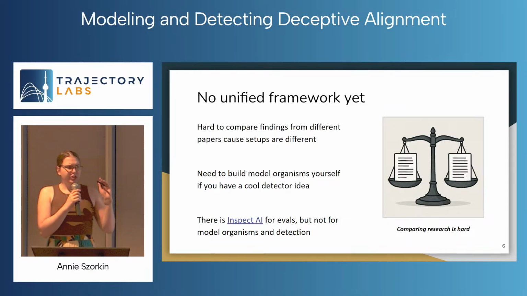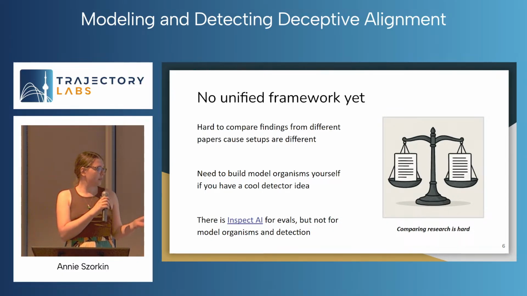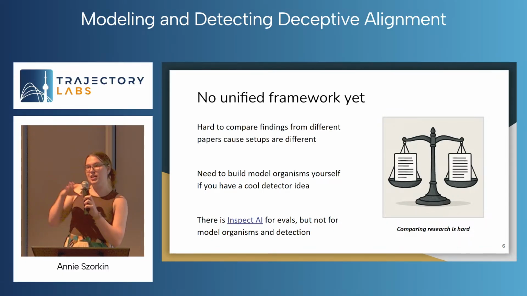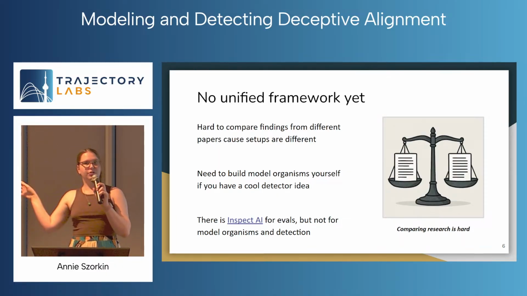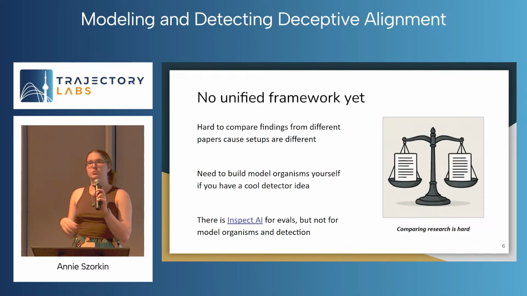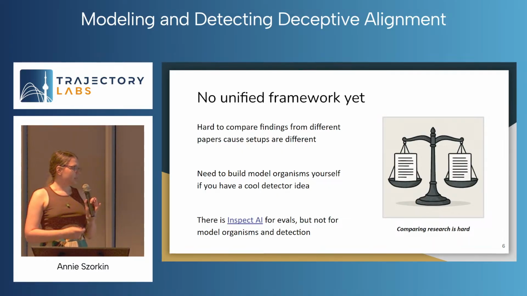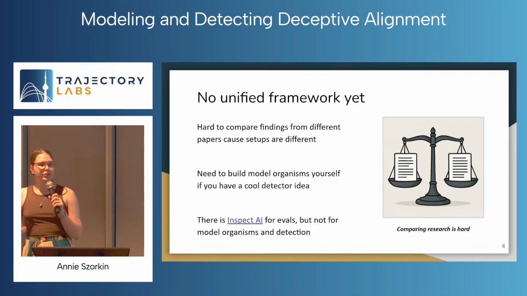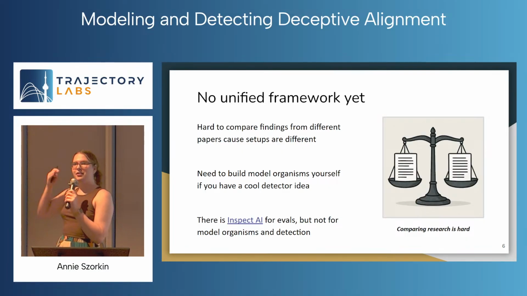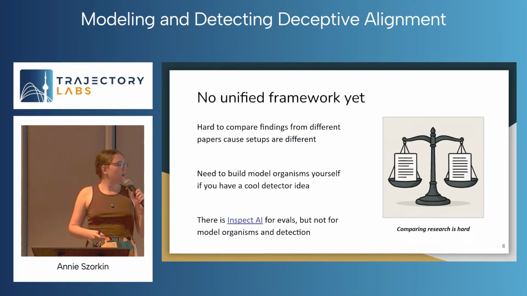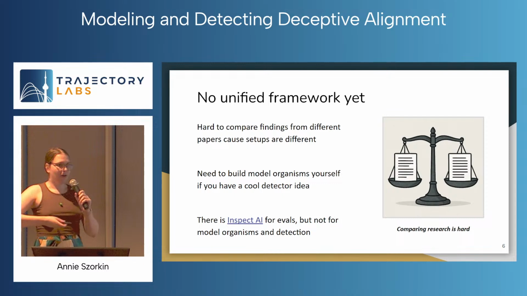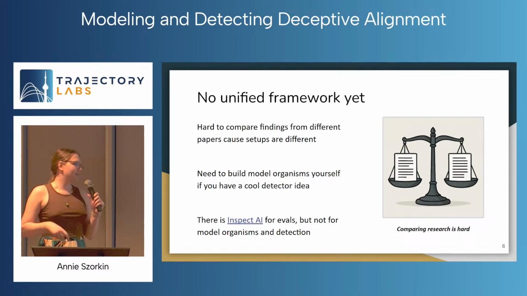If we had a system, you could just plug in your piece and test it on all other people's model organisms and environments. So it would be really neat if there was a single data bank where you can upload your model organisms and detectors, such that research would go faster and more reliably.